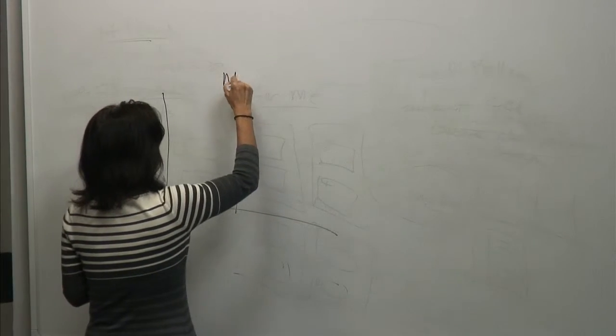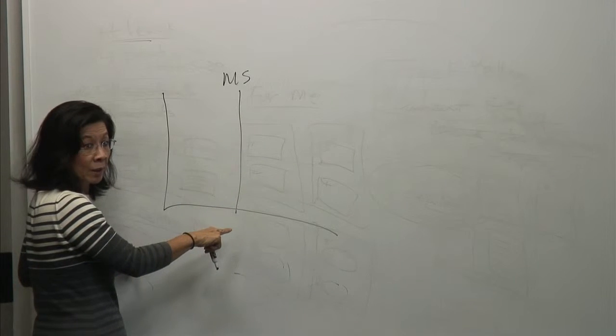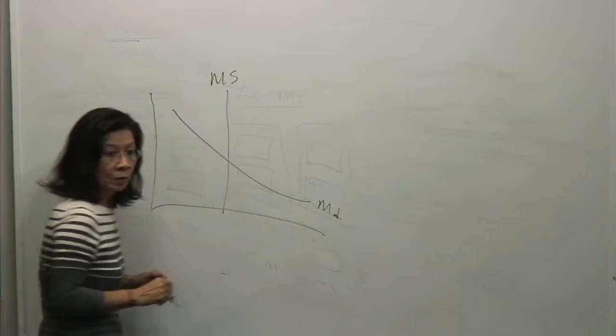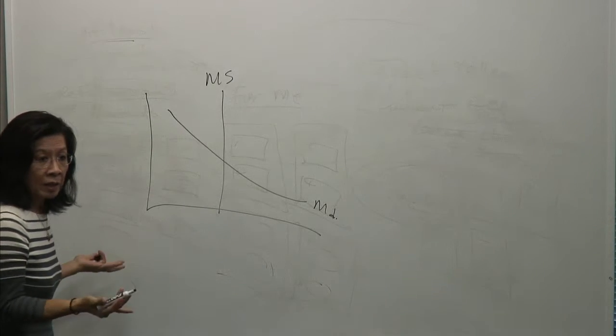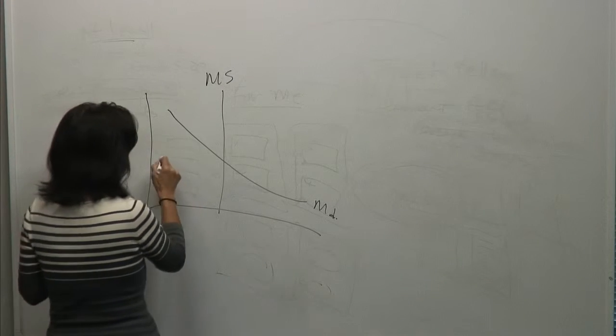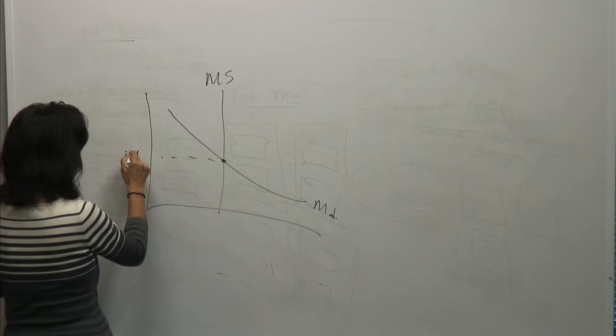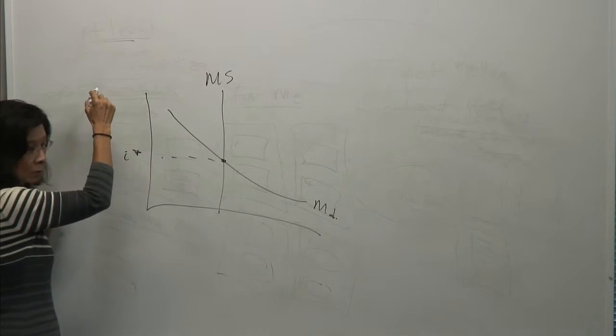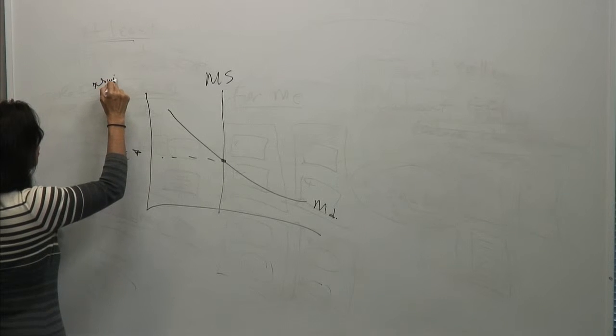Money supply is represented like that, a straight line in the Keynesian model. This is your MD, which stands for demand for money. Please take notes, this is important. This is your equilibrium, and what kind of interest rate is this? Nominal. Very good.